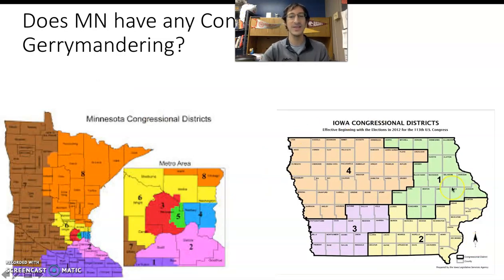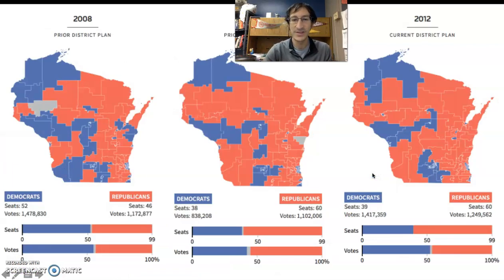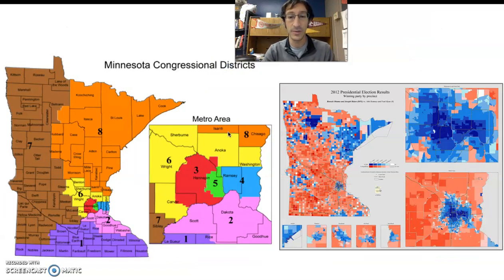But the big comparison is Iowa, because there are no oddly shaped districts, no really awkward shapes. And even Wisconsin is not terrible in comparison. But the way you split it, you could easily make a competitive area or one leaning in one direction, and changing the boundaries just a little bit can completely shift it and make the other party the minority party.